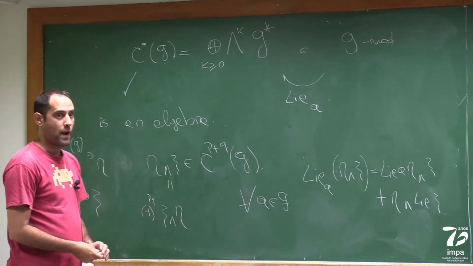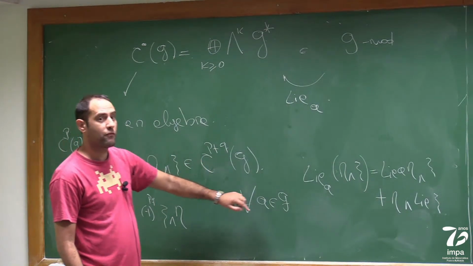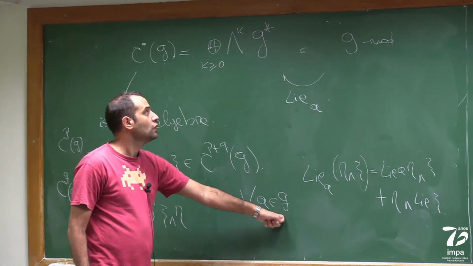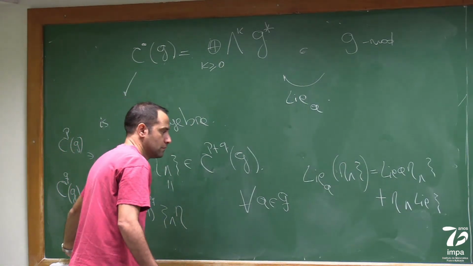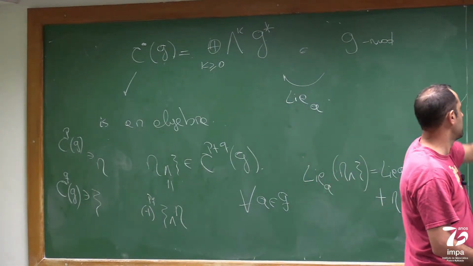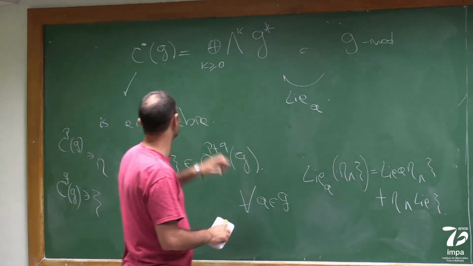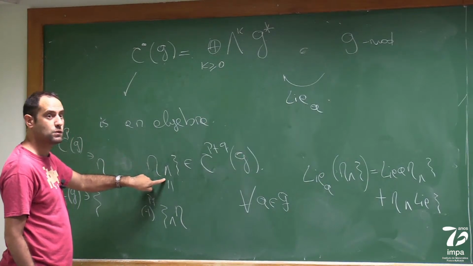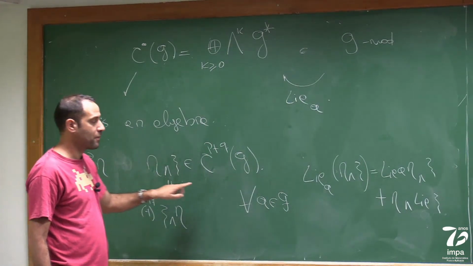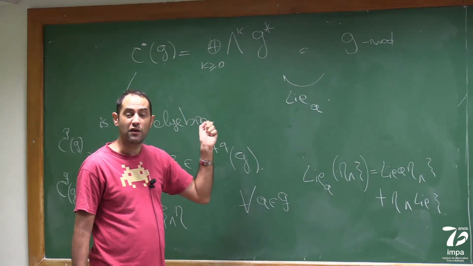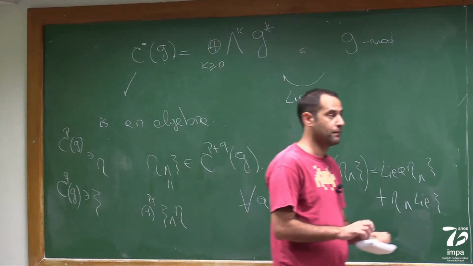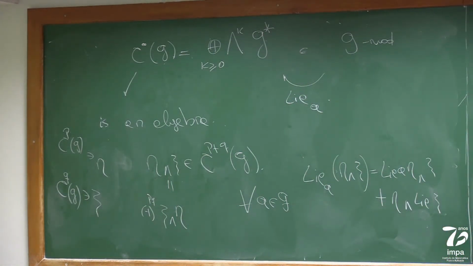So what I'm giving you is a map from G to the derivations of this commutative algebra. So this is the Leibniz rule. I have a space with a product, it's this wedge product, and I have a map from G, which is a Lie algebra, to the derivations of these algebras. And the derivations of an algebra are always a Lie algebra. That I'll prove next time because I have no time now.